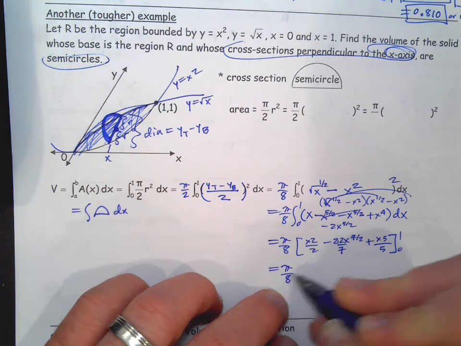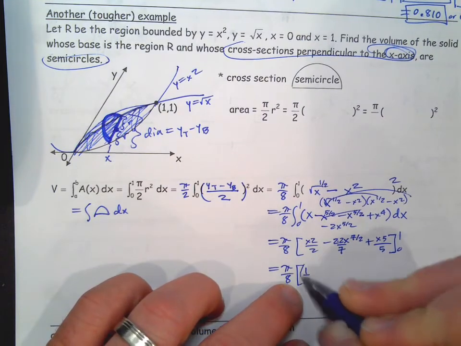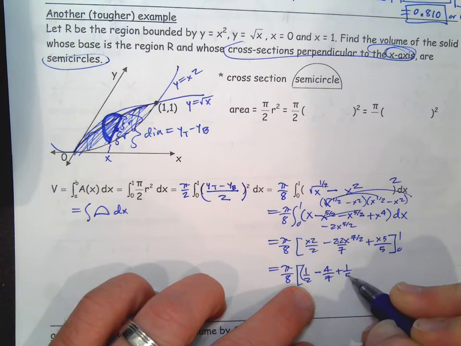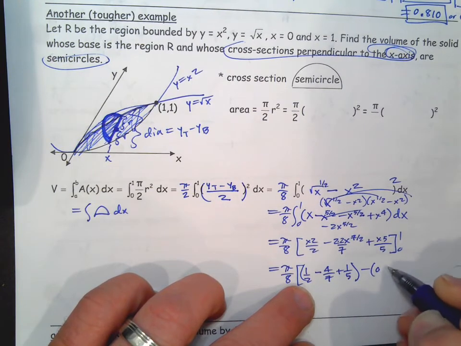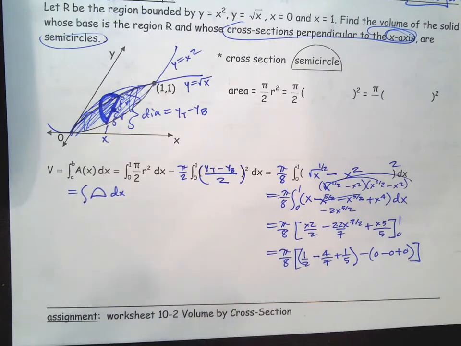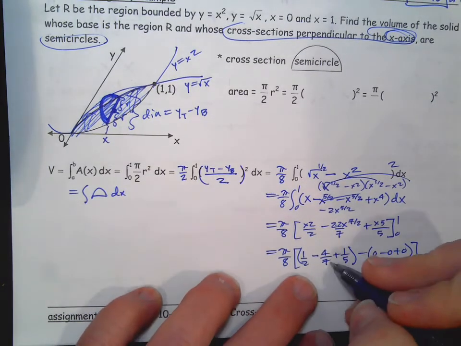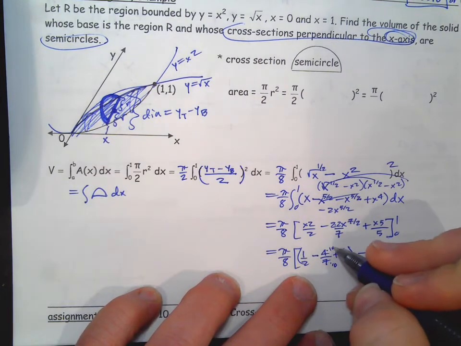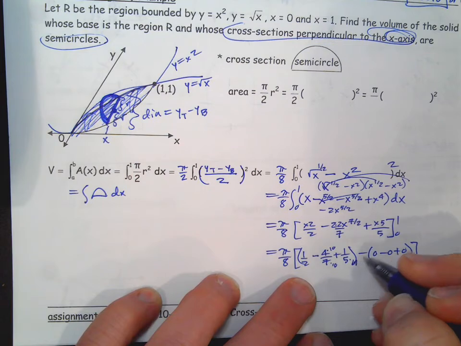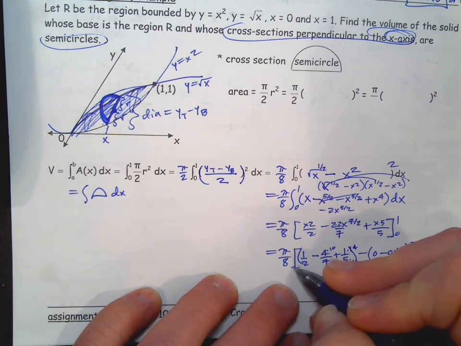And so we're going to plug 1 into this. It's going to be 1/2 minus 4/7 plus 1/5. And if you plug 0 in, it happens to be 0 this time, but always be careful. Sometimes you plug 0 in and you still get some numbers out. Now, the least common denominator would be 70. So 35, 40, 14.